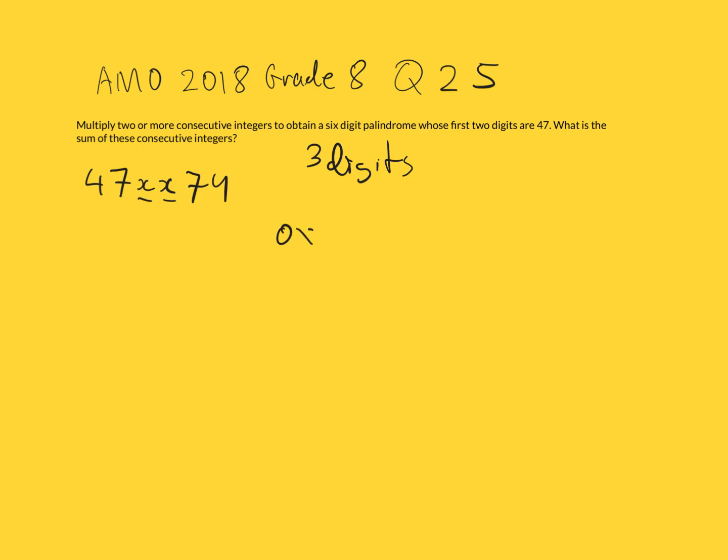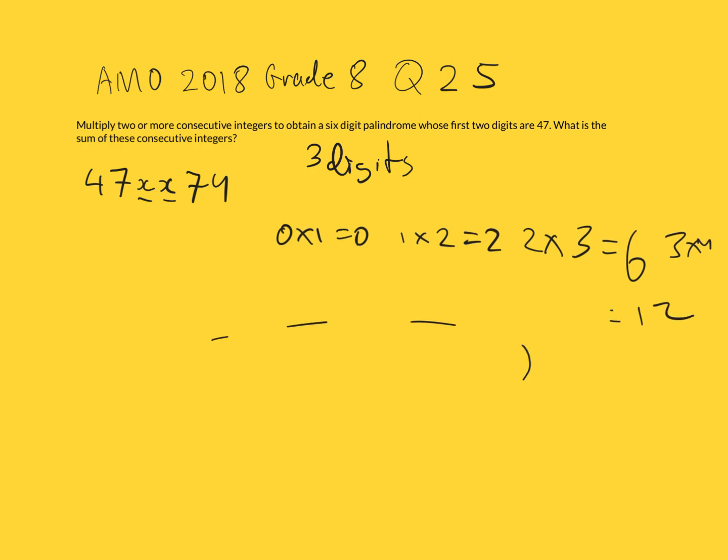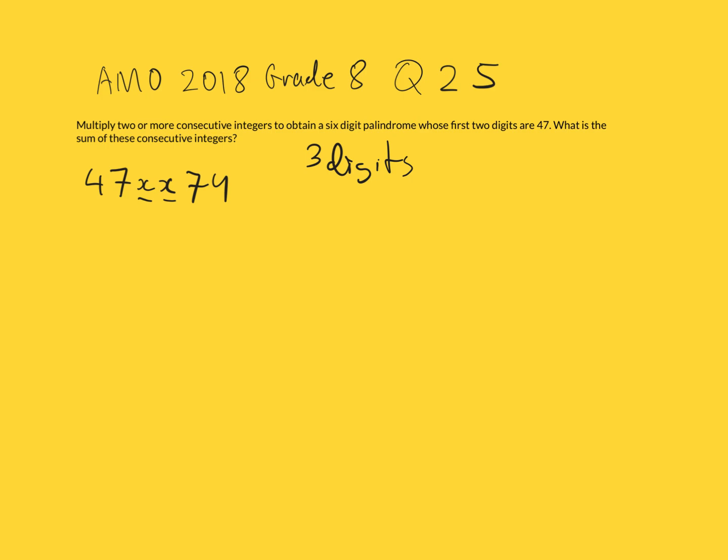So we have 0 times 1 equals 0. 1 times 2 is equal to 2. 2 times 3 is equal to 6. 3 times 4 is equal to 12, and so on. So now we know that. Let me just tell you which ones actually work to save your time. Right. The one that works is none. None of them end with a 4.